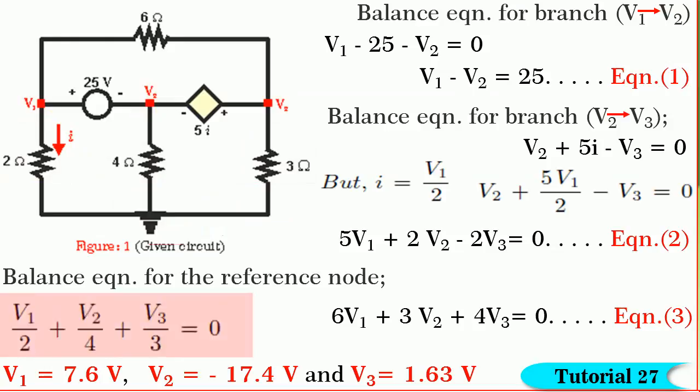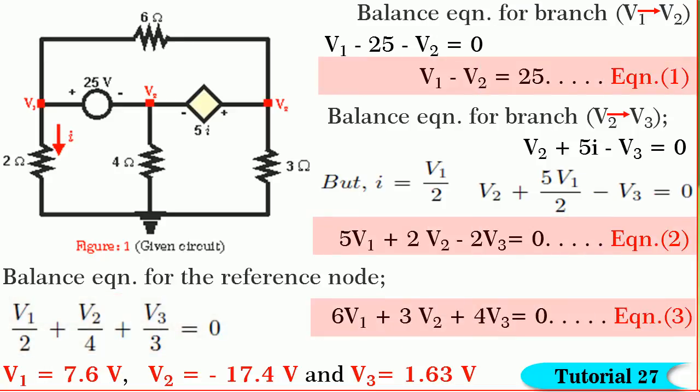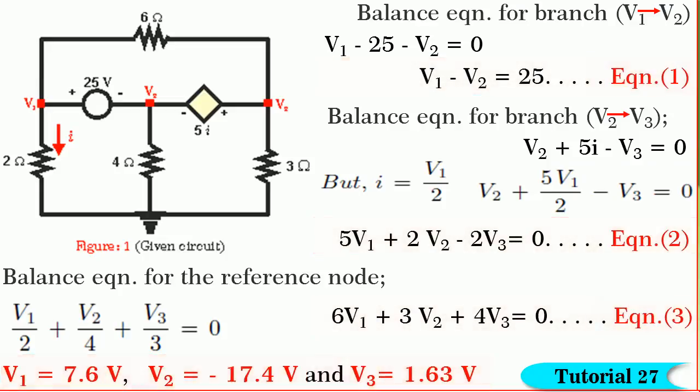By solving it, we get 6V1 plus 3V2 plus 4V3 is equal to 0. Let it be equation 3. By solving the three simultaneous equations 1, 2 and 3, we get V1 is equal to 7.6 volts, V2 is equal to minus 17.4 volts and V3 is equal to 1.63 volts.